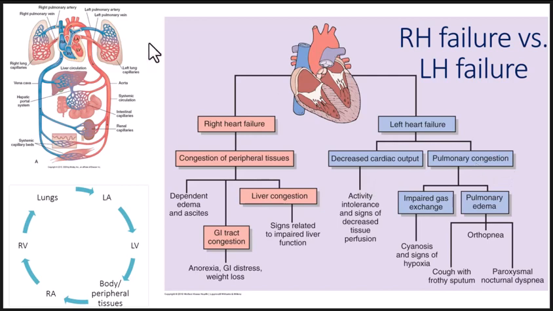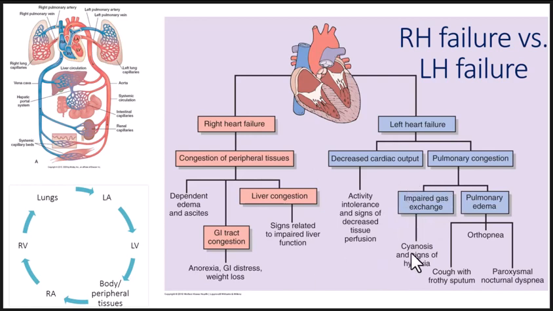Pulmonary congestion, when it backs up into the pulmonary system and spills out into the lung tissues, is called pulmonary edema. This means that we're not going to properly permit gas exchange.